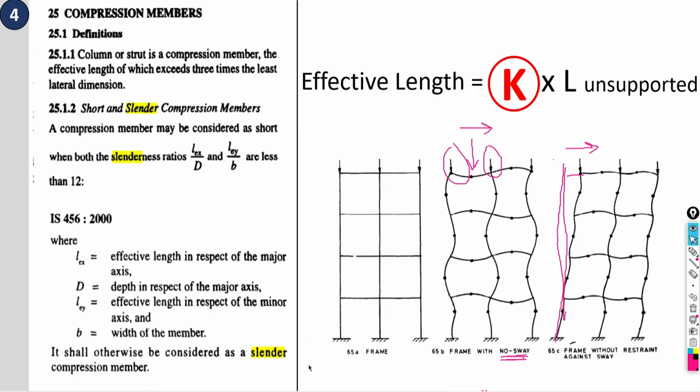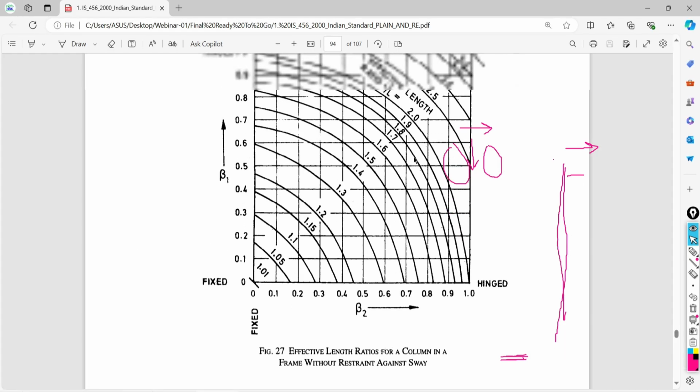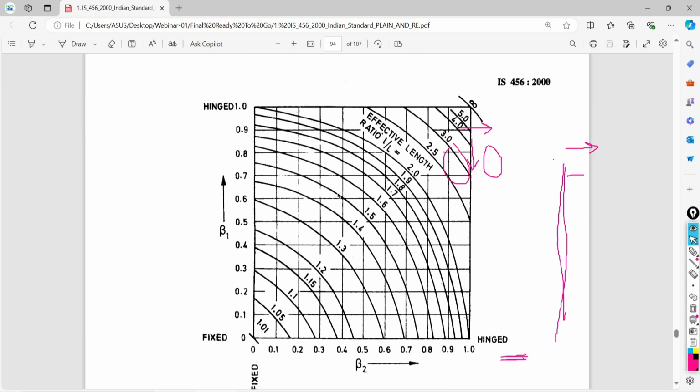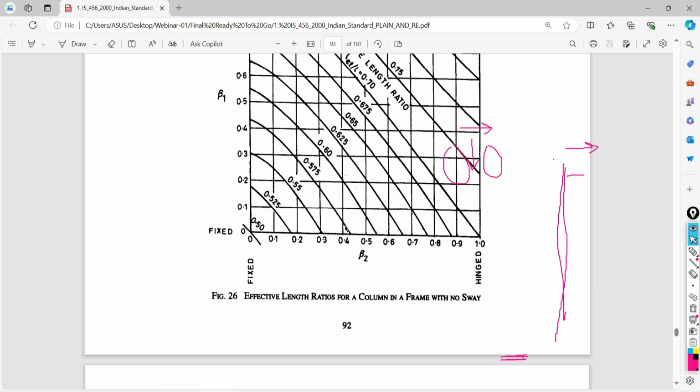So when you are going to do the calculation for the effective length ratio or effective length factor, to decide which chart has to be used, you have to decide what type of frame you are going to consider. Either you are going to consider a sway frame, or you are going to consider a non-sway frame. Now you may raise a question, sir, what is the problem if you choose the sway frame?